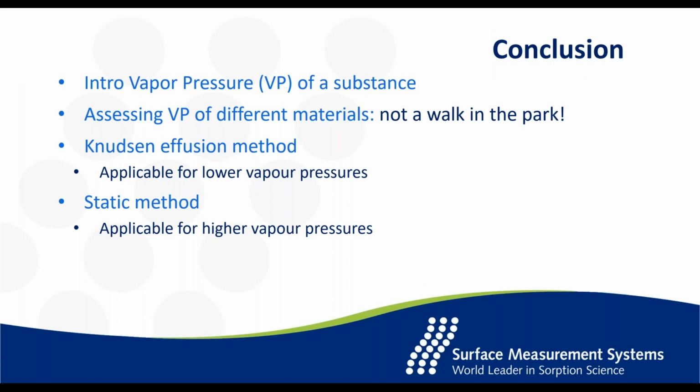And to conclude, we had a short intro of vapor pressure of a substance and how to assess it. Hopefully you've seen that it's not a walk in the park to assess this important material property.